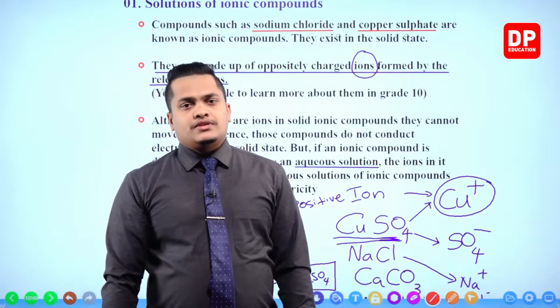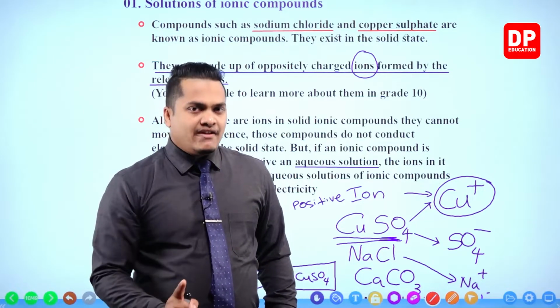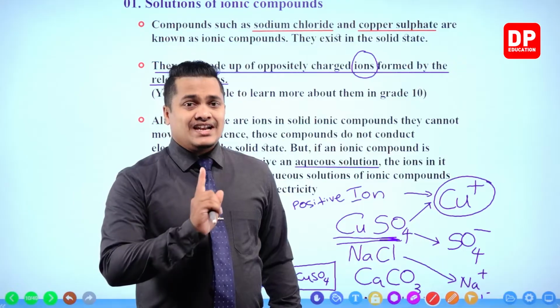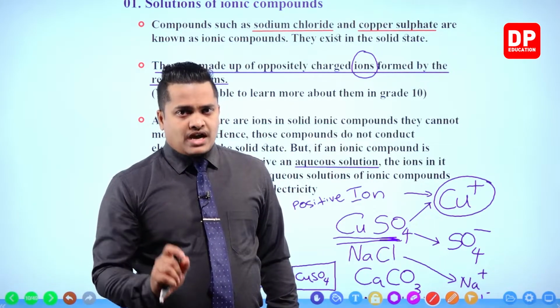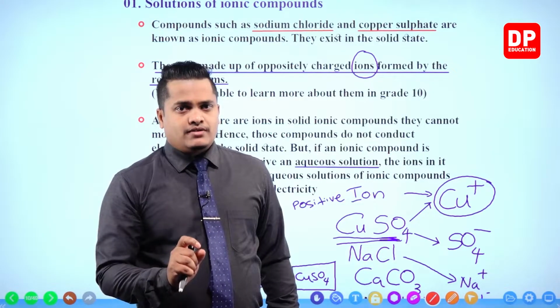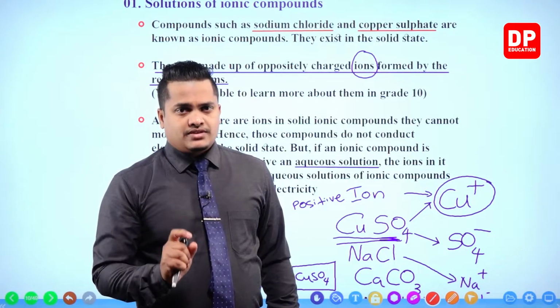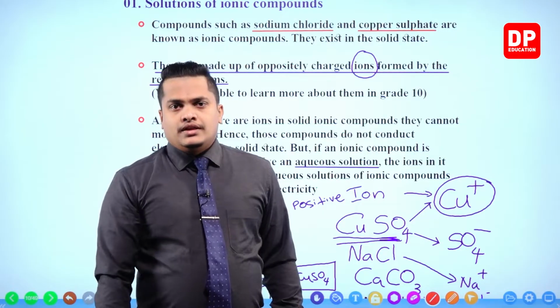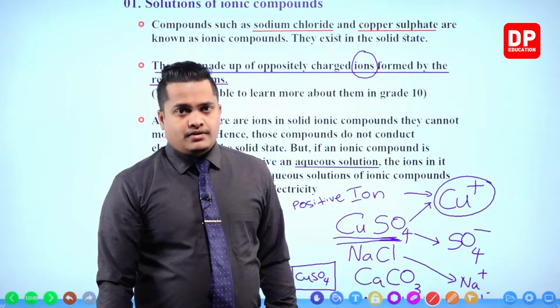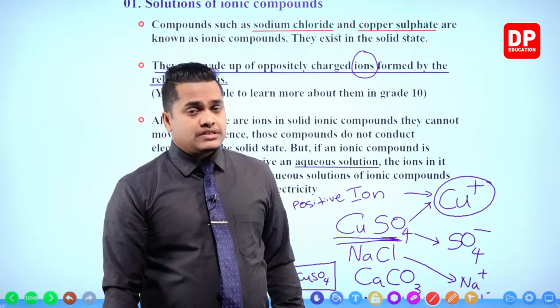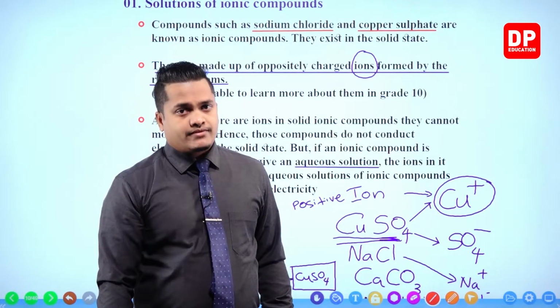So aqueous solutions of ionic compounds have mobile ions. Ions are getting separated. So these ions have the ability to transfer electrons coming from an electric source. Therefore, solutions of these ionic compounds, especially aqueous solutions, have the ability to conduct electricity.